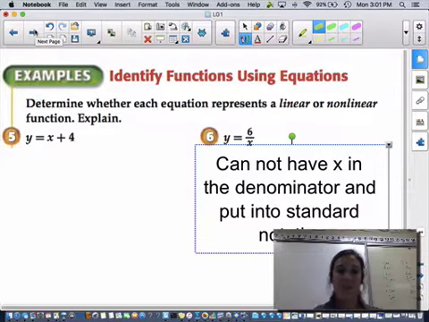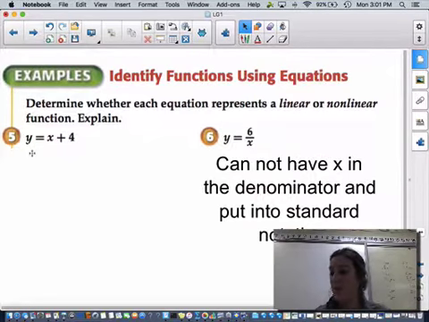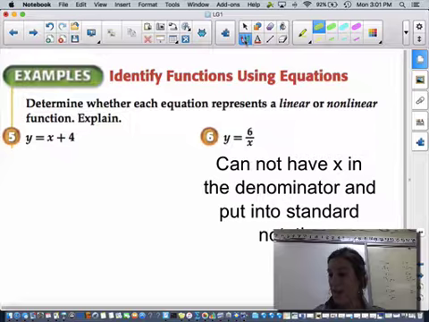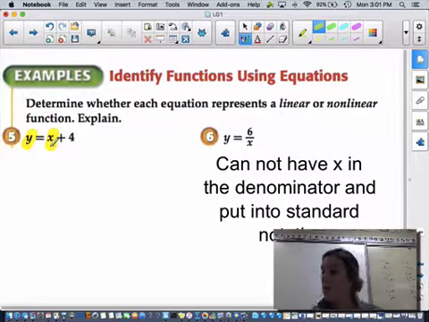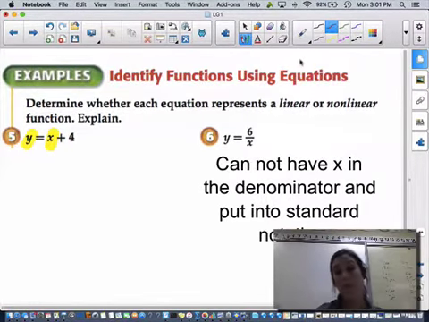Okay, so let's look at these two examples. Example number 5, we have y equals x plus 4. Can I get that into standard form? A couple things I'm looking at. One, I see that neither one of my variables has an exponent, so we're good there. Now, can I rearrange the problem so that x and y are being added on the same side?